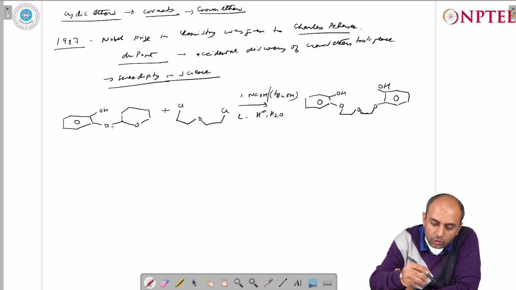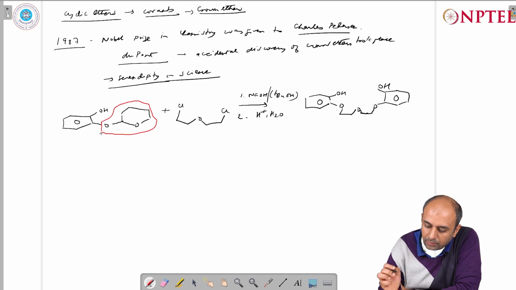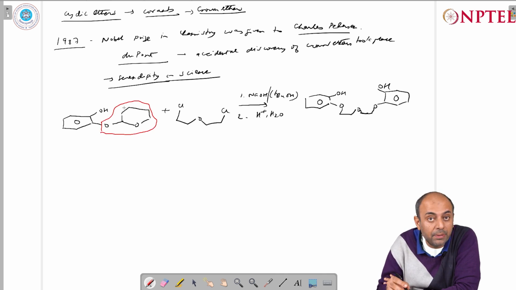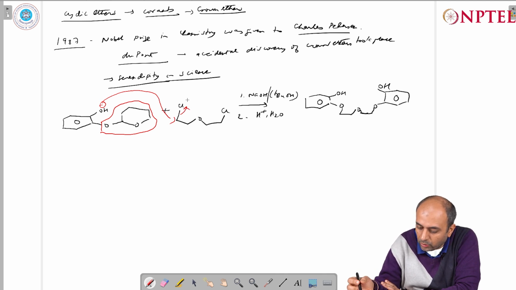So one of the OH groups has been protected, and then in the presence of a base, you generate the nucleophile, which then goes and attacks the electrophilic center. The chloride ion goes away. You form sodium chloride, and then in the second step, you have the deprotection step, where you actually deprotect the system to form the dihydroxy compound.